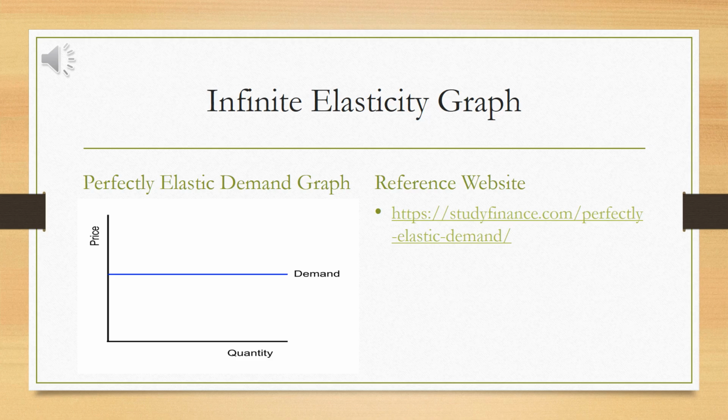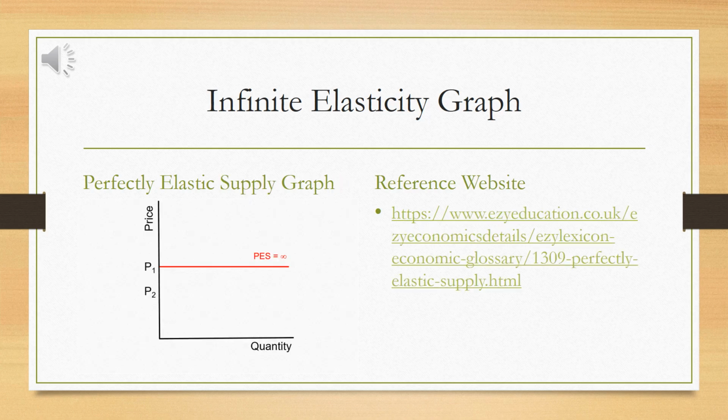A mere increase in the price will drop the quantity demanded to 0. This perfectly elastic supply graph shows how the quantity supplied is increasing while the price stays the same. A mere decrease in price from P1 to P2, for example, drops the quantity supplied to 0.